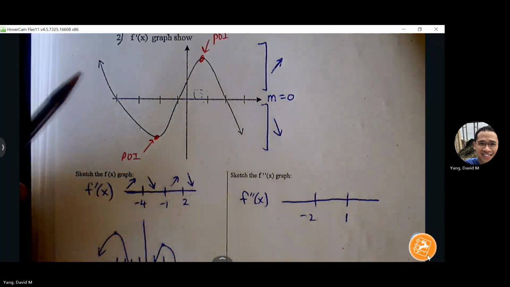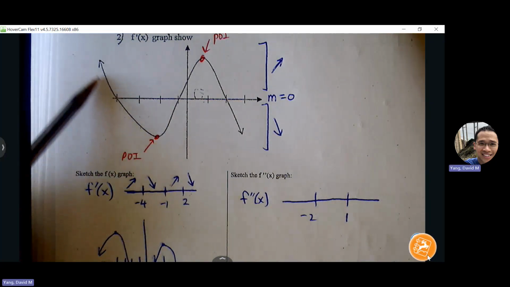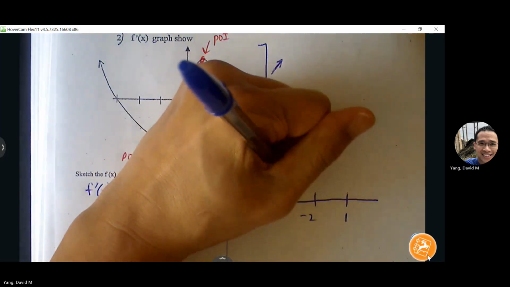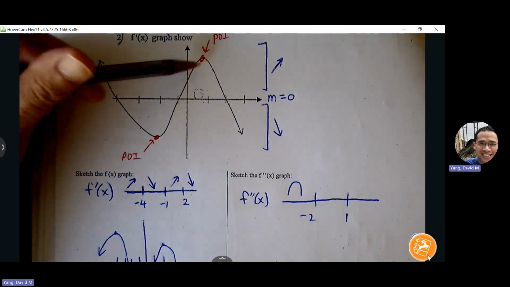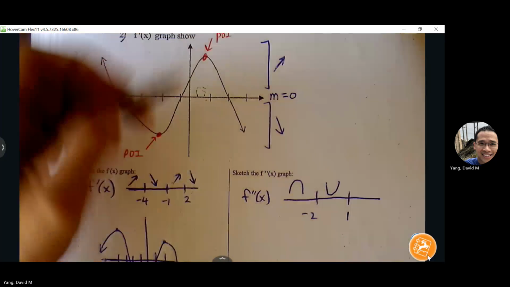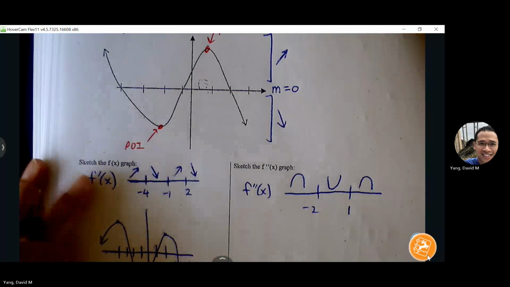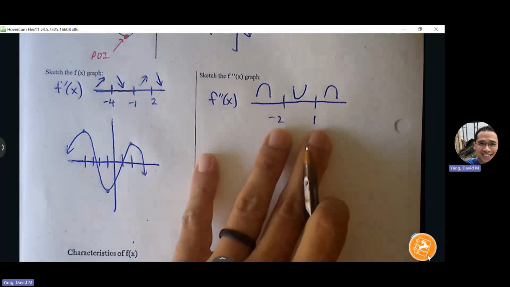The negative slope of the f prime graph is going to correspond to what? A concave down of the original graph. Positive slope is going to correspond to concave up. Negative slope, concave down. Okay, points of inflection are at -2 and 1.